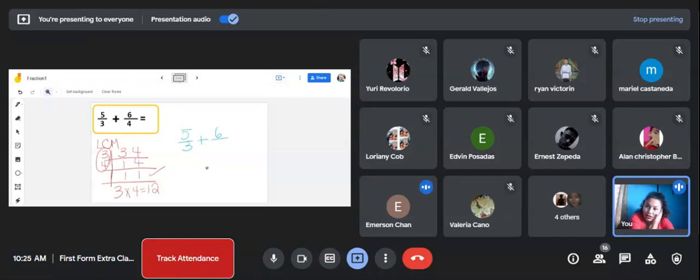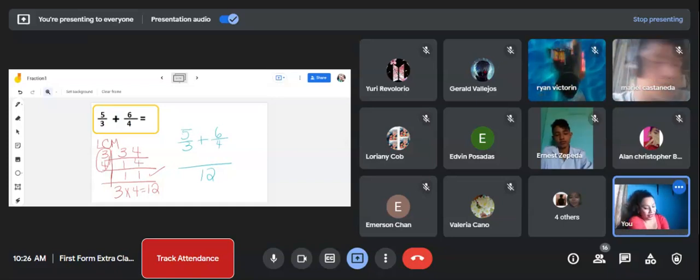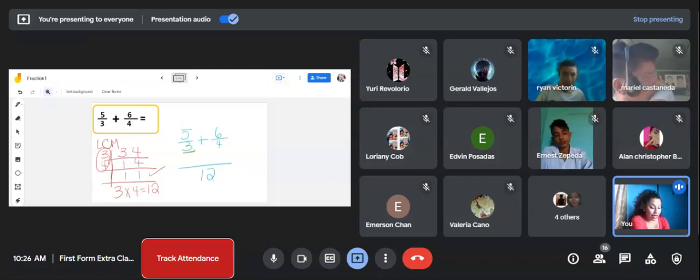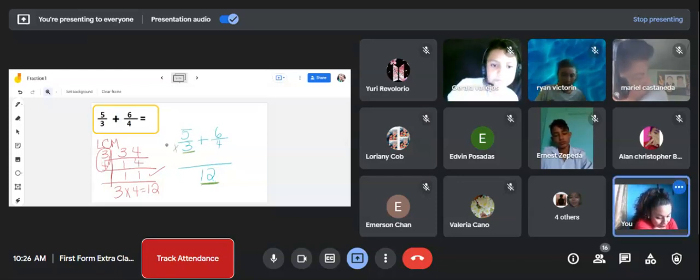Can you guys see it on the Jamboard? Okay. So now this is where I have to be careful, right? If I have 3 in the first fraction, and now that 3 is going to be 12, what did I do to the 3 to get 12? Multiply by 4. Very good. And what I do at the bottom, I do at the top, multiply by 4.